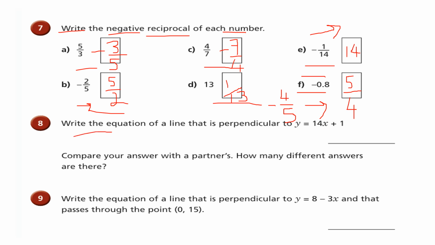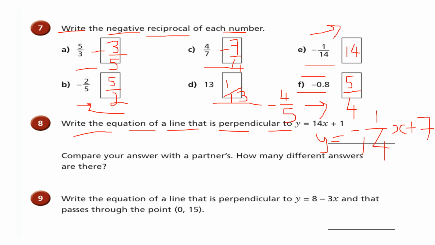Question number 8, write the equation of a line that is perpendicular to y equals 14x plus 1. So that would be y is equal to minus a 14th x, and then let's pick any number here, plus 7, or plus 10, or plus a million, whatever it is.